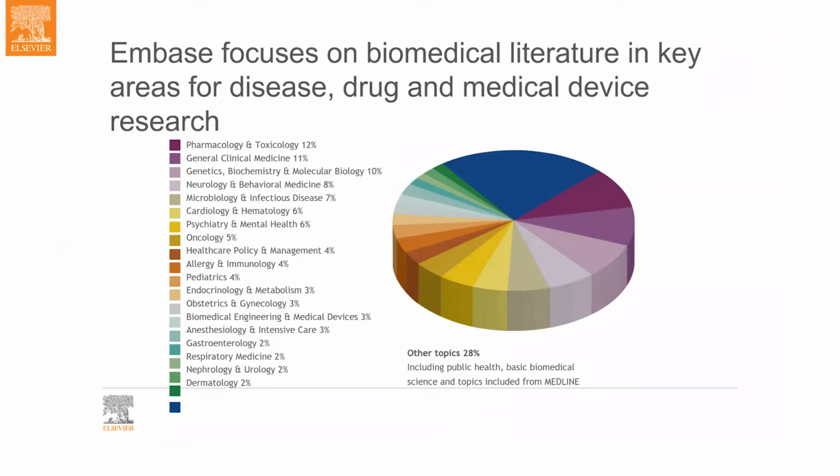It includes pharmacology and toxicology, clinical medicine, genetics, biochemistry and molecular biology, microbiology, infectious disease, including COVID, cardiology, oncology, health policy, and so on. A lot of areas exist in Embase.